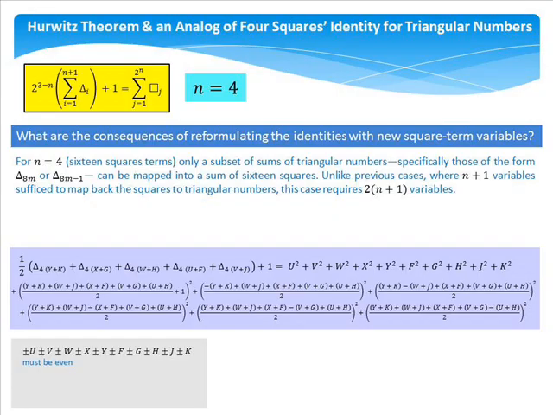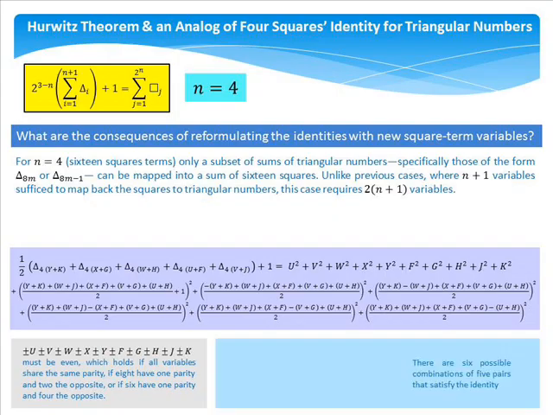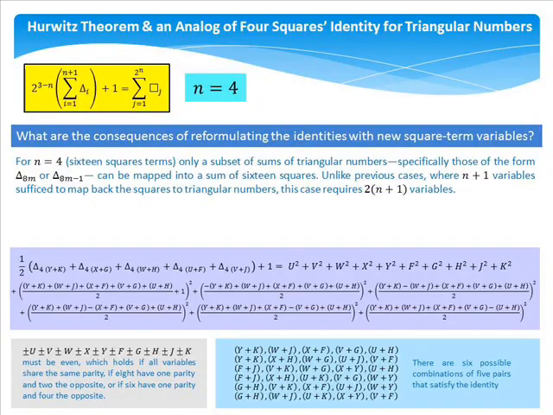In addition, this expression involving the 10 variables must be even, which holds if all variables share the same parity, if 8 have one parity and 2 the opposite, or if 6 have one parity and 4 the opposite. Note that there are 6 possible combinations of 5 pairs that satisfy the identity.